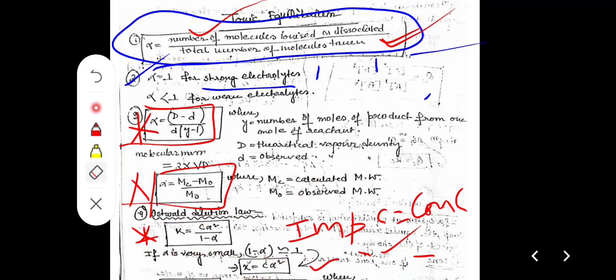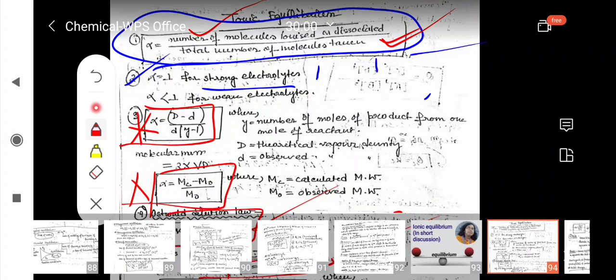That is also important. So always remember, these two equations are very important. But K equals C alpha square is only applicable when the denominator, 1 minus alpha, is approximately 1.